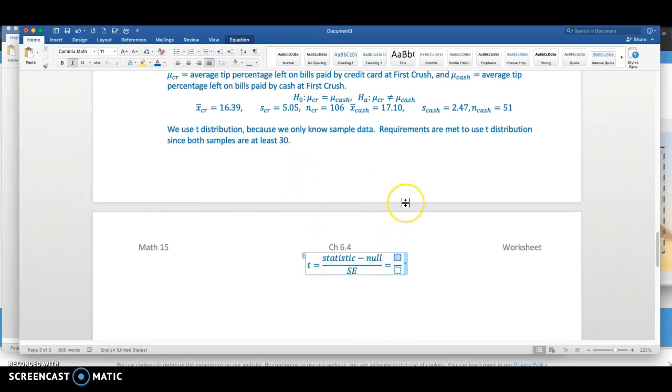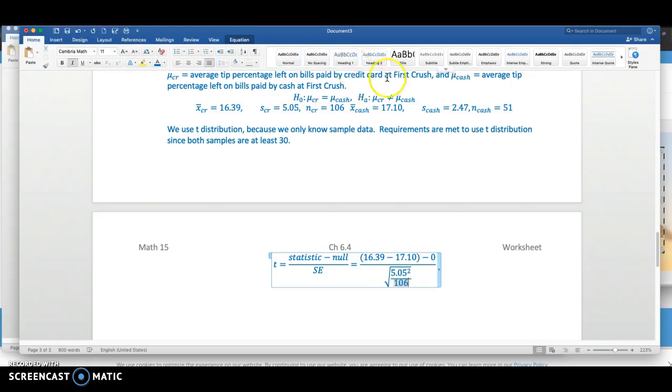The statistic is 16.39 minus 17.10. And then minus null is minus 0 in this case. In the formula on the sheet, I just skip that minus 0 because we assume the null is no difference in the means.